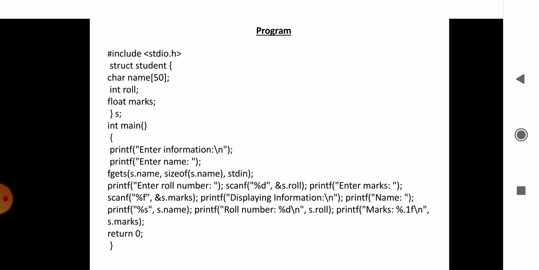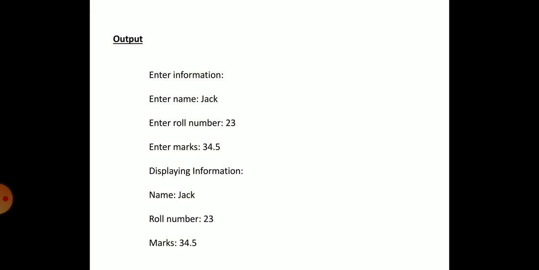Then printf displaying the information and printf name. So the output of this program will be, at first the user is provided with a message enter information, then enter name, and in this case the user has given his name as Jack. Then enter roll number, and 23 is accepted as the roll number. Then the marks are also asked.